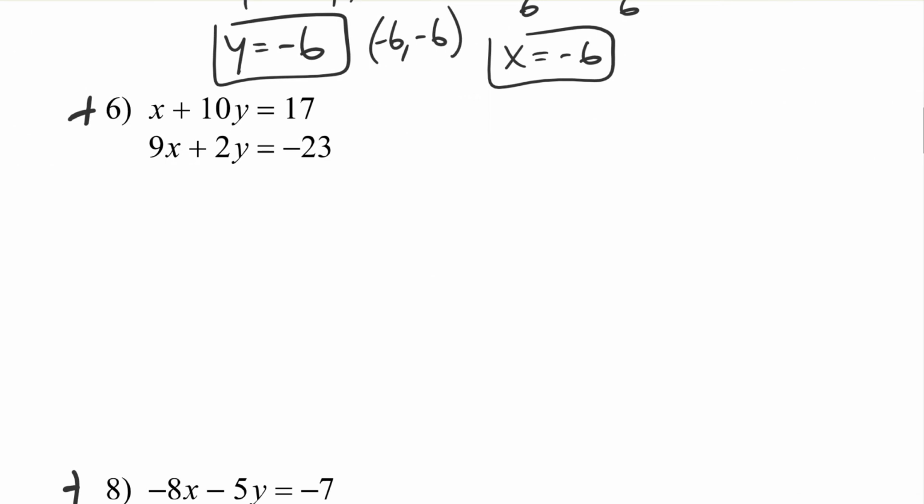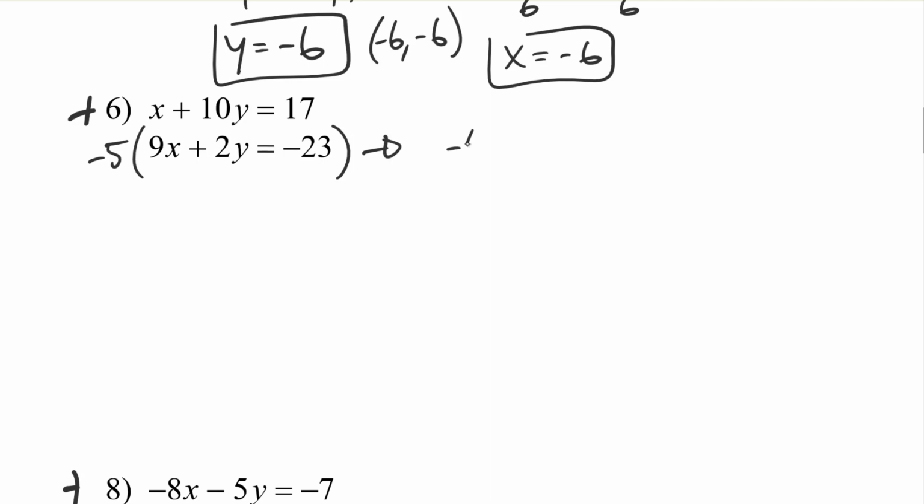Number 6, we could either do the x or the y. I'm going to choose the y because I'm going to multiply by a smaller number. So what could I multiply 2y by to make negative 10y? Well, negative 5. So we'll write this over here.